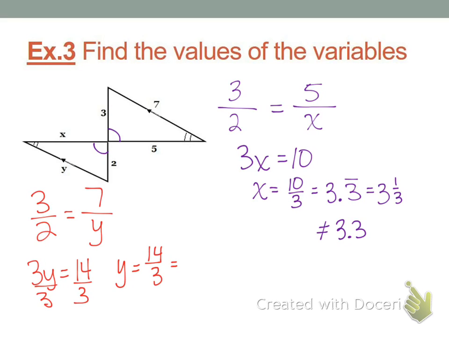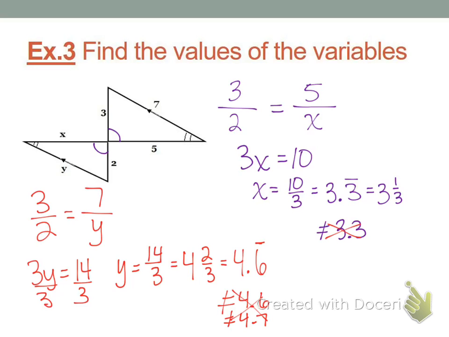That would be the same as 4 and 2/3. That would be the same as 4.6 repeating. Again, I would take any of those. I would not take 4.6, would not take 4.7, would not take 4.67. Okay, so don't be rounding at any time.